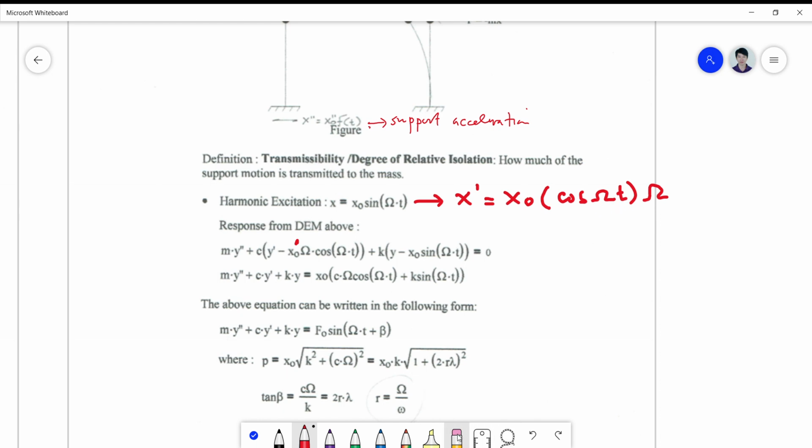So there's no prime here. Okay, so that's correct, that's x0 omega.